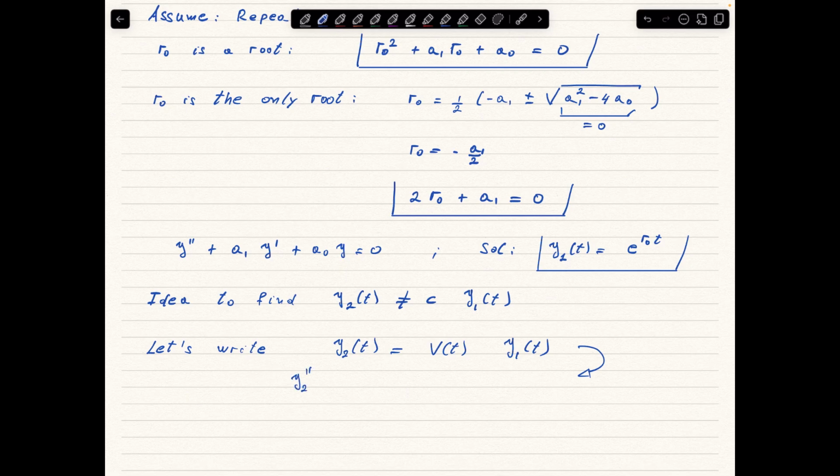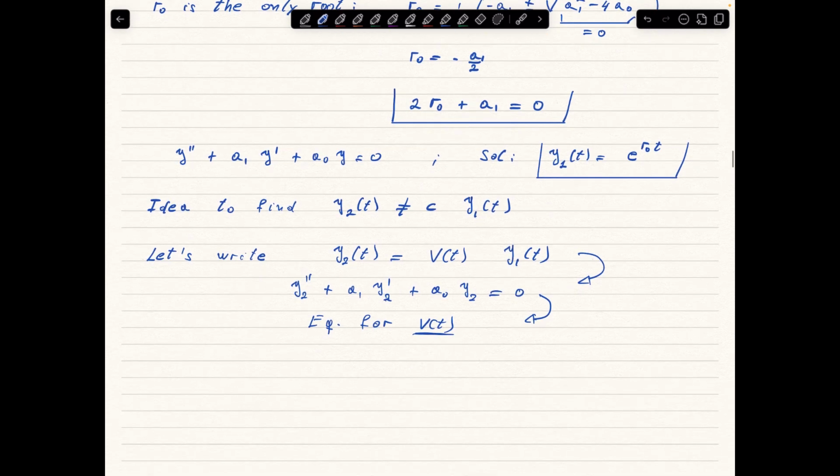The equation y2'' + a1 y2' + a0 y2 = 0. Put that into here and use that y1 is a solution to get from here an equation for v(t). Hopefully the equation for v(t) is simpler than the equation for y2, let's call it equation 2, because y1 is a solution.